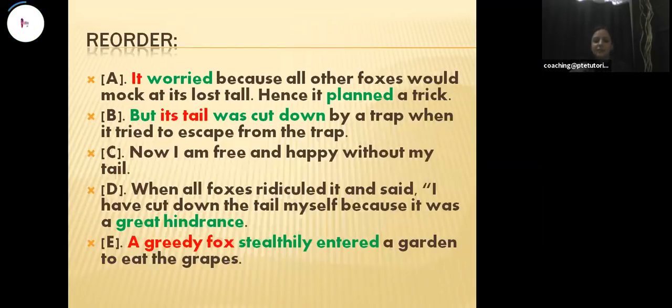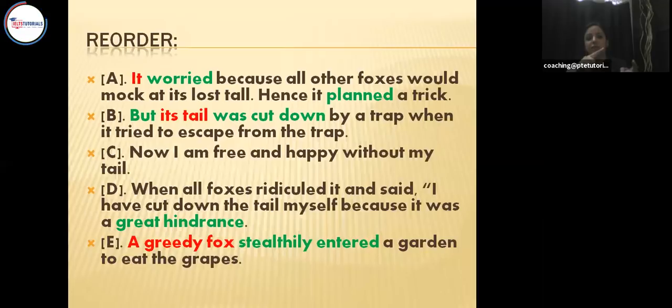Stealthily entered, I was doing something wrong and got caught. What happened? It was cut down by a trap when it tried to escape from the trap. Its tail was cut down. This has happened to her when she was trying to enter into a garden. And when it was cut down, something bad happened.